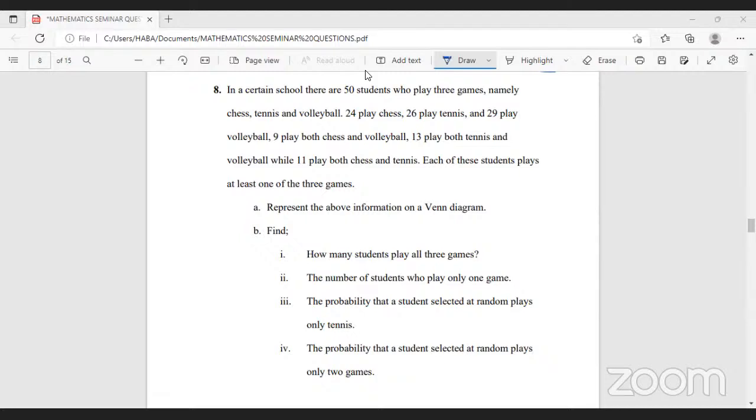You can unmute, please. So we have this set number, which normally comes in section B.